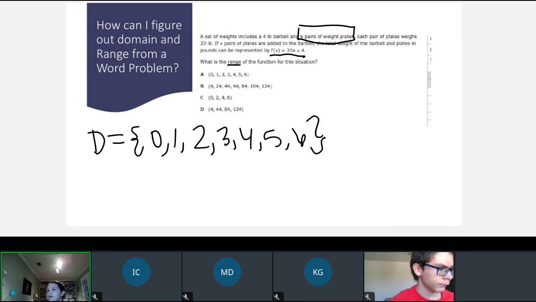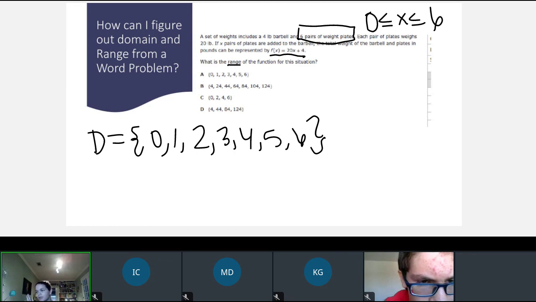The reason it cannot be from 0 to 6 is because each pair of plates is 2 plates, right? I either have to put them on as a pair. No, you can't use that notation because I can't put on 1.5 pairs of weights, right? I have to put on either 1 pair or 2 pairs. Okay, I wouldn't put on 1.72.